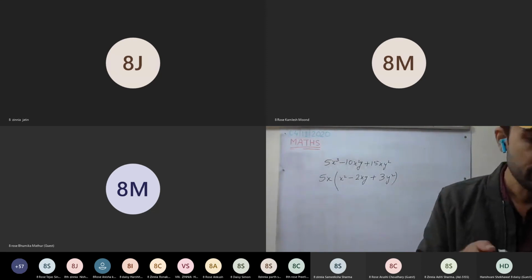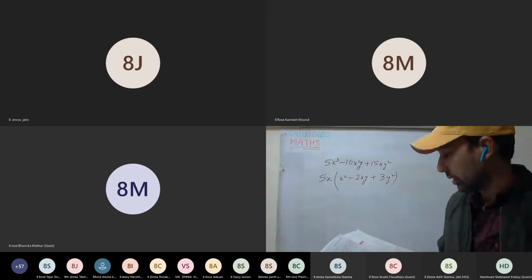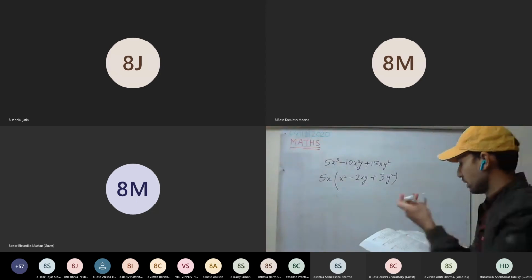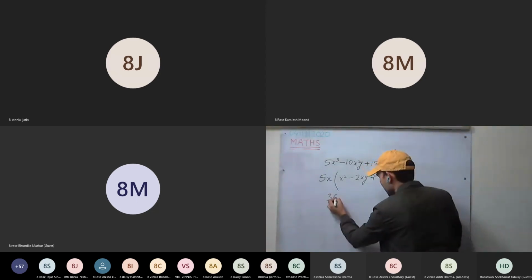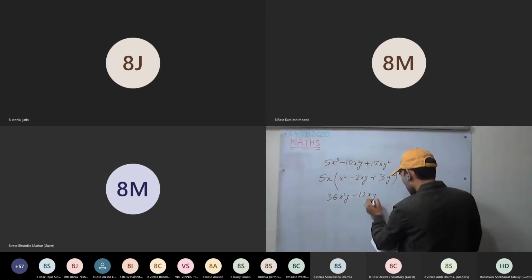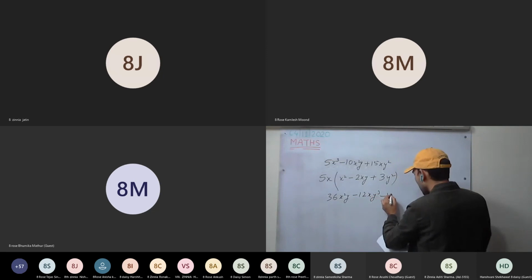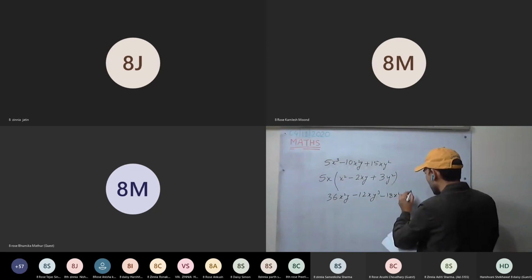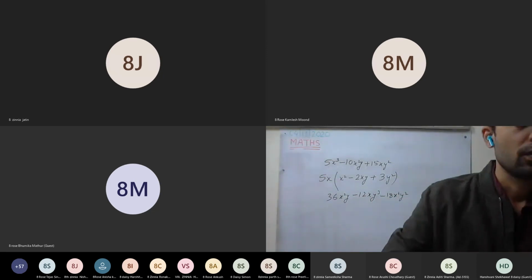Okay, now next one. 36x square y minus 12xy cube minus 18x square y square.